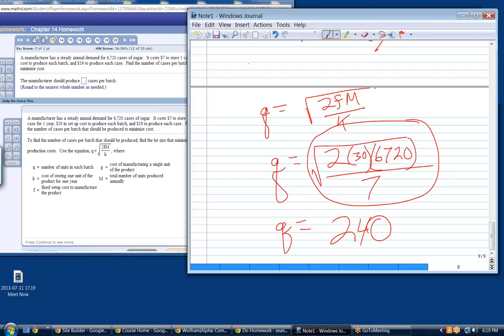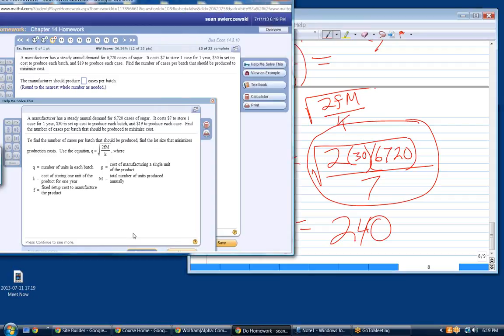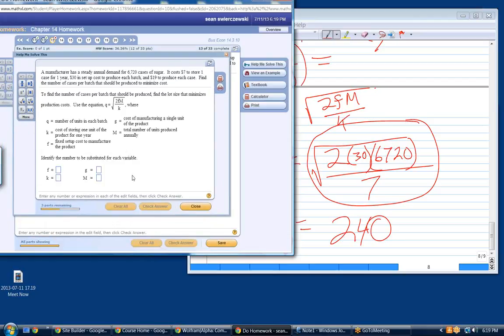Well, the cost of production as a function of Q, the number of units in each batch, and we know that's 240. Okay, so F was 30. K was 7.